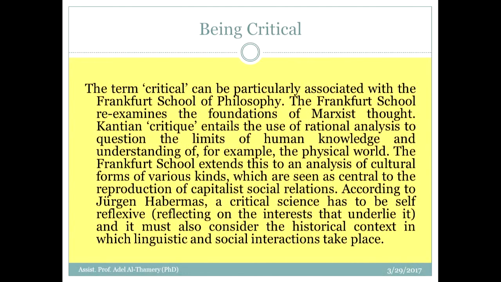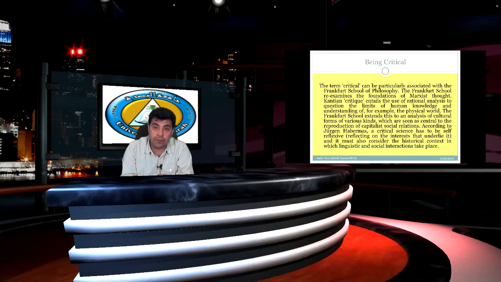And of course, we are always after revealing the opacity of these relationships between discourse and society. Again, if we want to deconstruct these three terms, the word critical, the word discourse, and the word analysis, we have to start with how this kind of approach to discourse can be critical. The term critical is associated with the Frankfurt School of Philosophy, and this school re-examines the foundation of Marxist thought, so they can be called the new Marxist tradition.